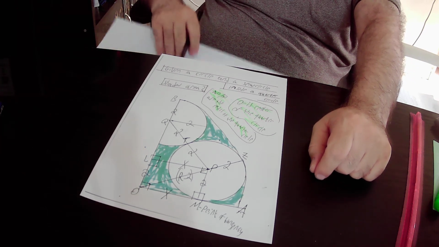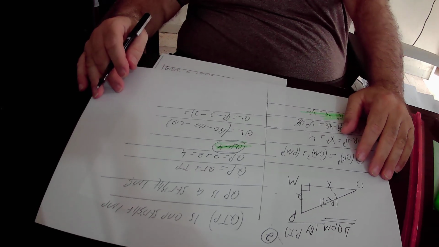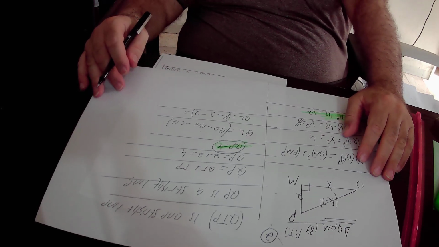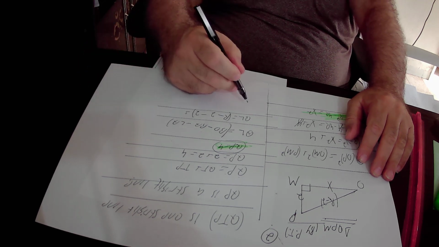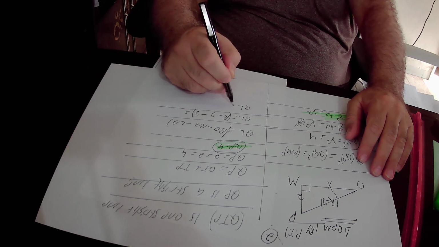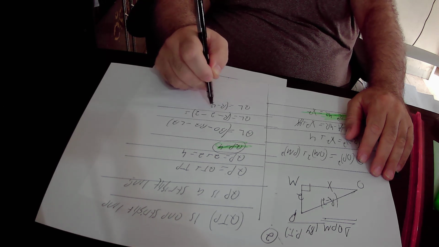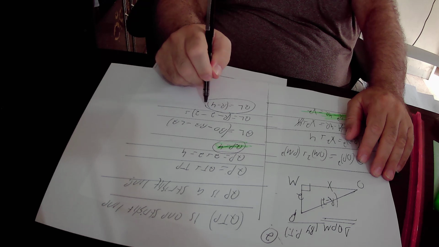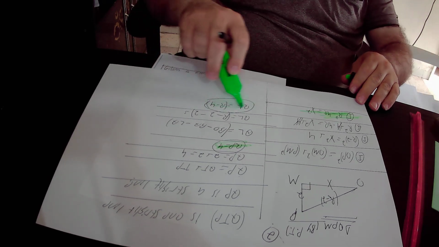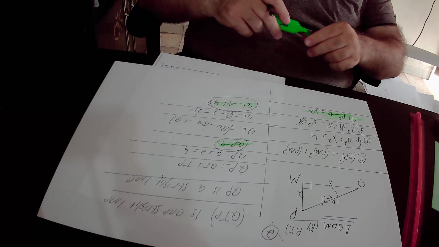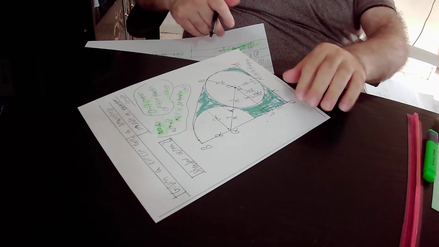So in conclusion, QL equals capital R minus 2 minus 2, which equals capital R minus 4. So we can write down here that QL equals capital R minus 4.